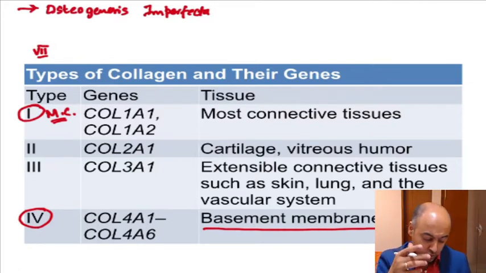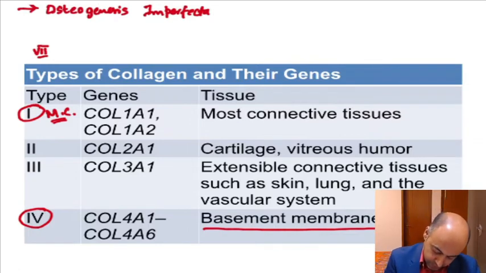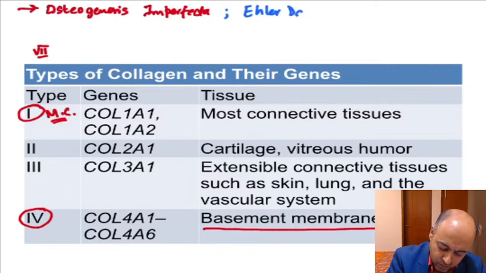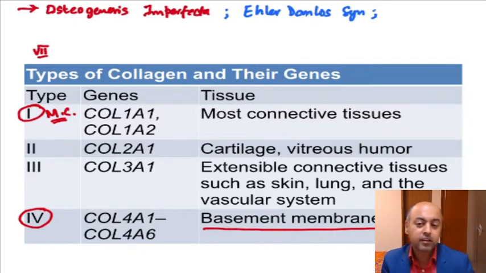Now in addition to osteogenesis imperfecta, other conditions involving the defective collagen, we have what is known as Ehlers-Danlos syndrome.